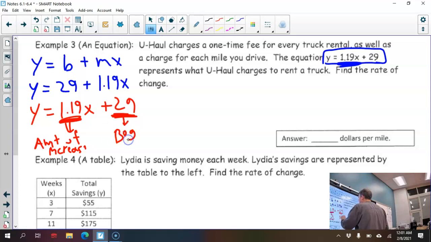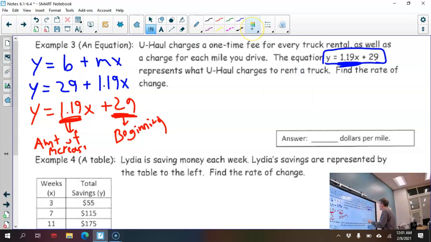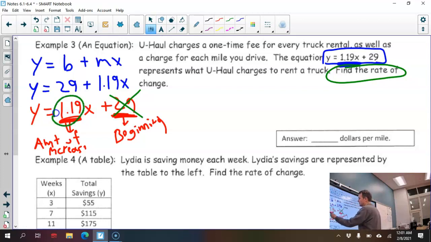That is the beginning amount. Like I've said several times, if all we're doing is trying to find the rate of change, we don't care about the beginning amount. All we care about is the amount of increase each time, because that is the rate of change.